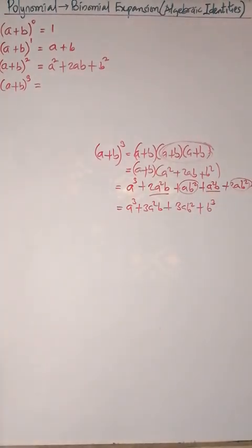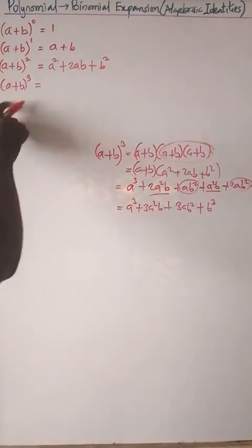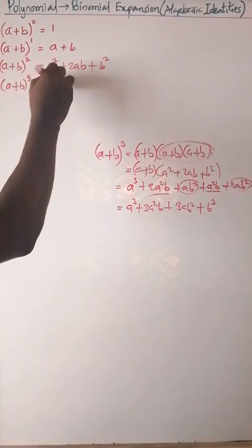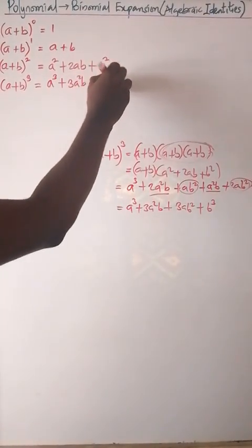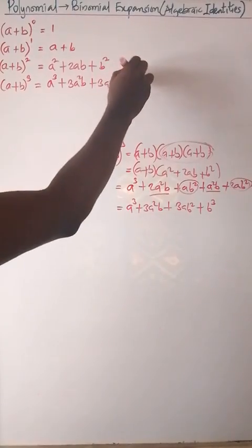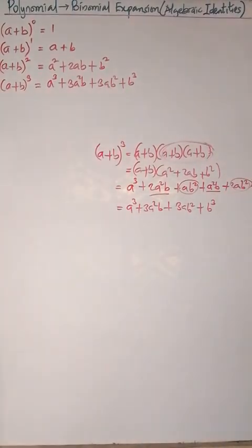So we can say finally that a plus b all cube equals a cube plus 3a squared b plus 3ab squared plus b cube. And that is it. So these are basic algebraic identities for expansion, which you should know by heart, and this is the proof in case you are meant to expand.